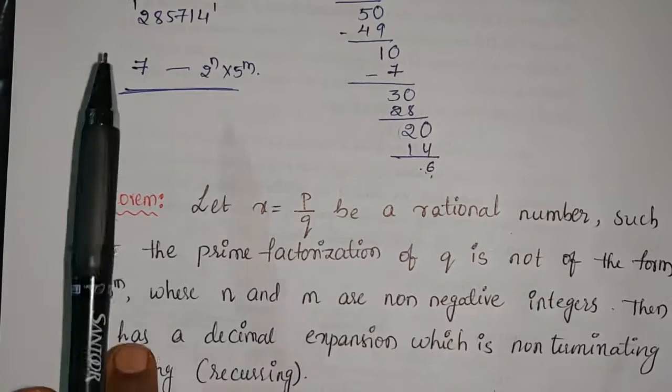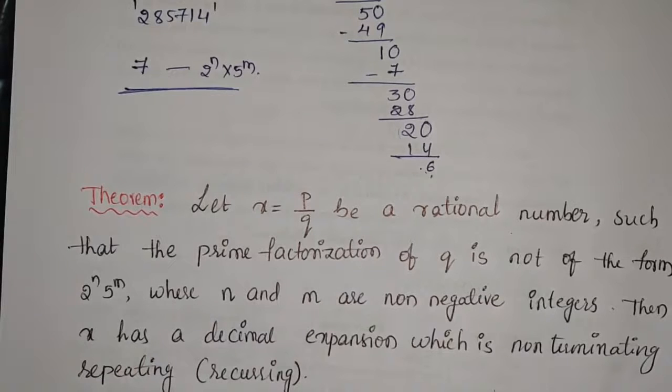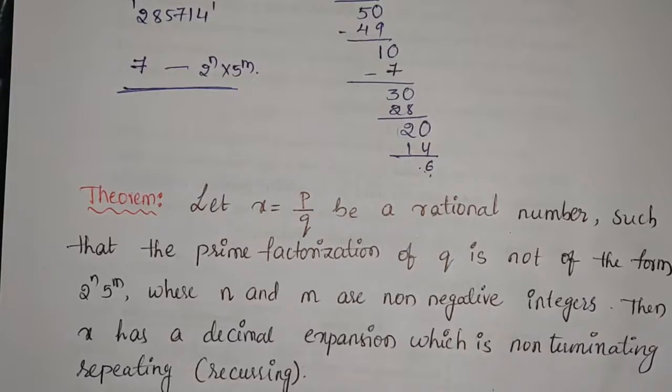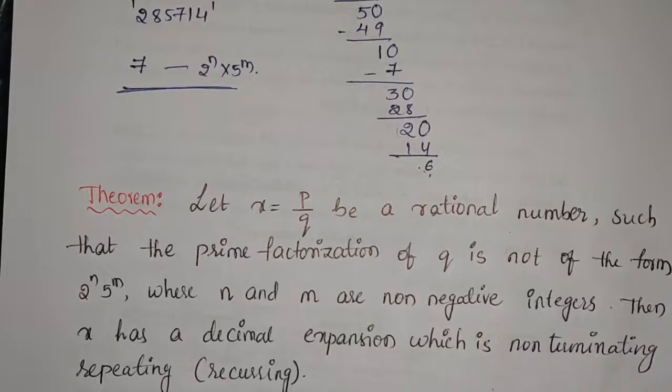Then x has a decimal expansion, that is 2 by 7 has a decimal expansion which is non-terminating repeating, right? We are getting the same. 2 by 7 is a non-terminating repeating decimal because the denominator is not factorized in the form of 2 power n and 5 power m. This is a simple statement of the theorem.